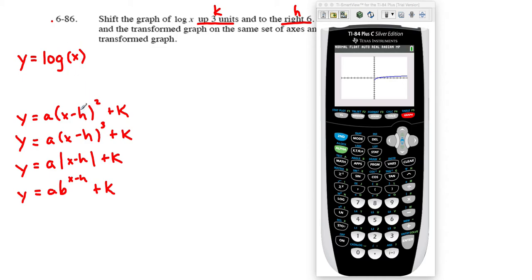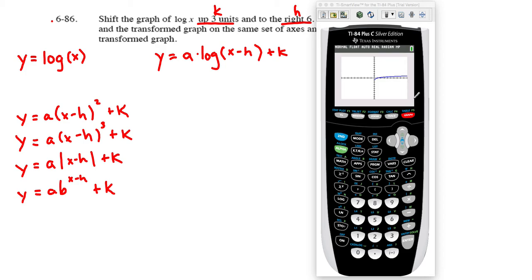Well, notice our h is always paired up with x, wherever x is. So let's try to rewrite it as y is equal to, and let's go ahead and throw in a, because a is always whatever is out in front, being multiplied. So let's say a times the log of x minus h. And then we're going to need to close it, and we usually add our k at the end.